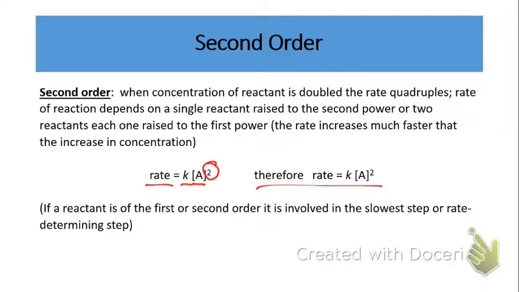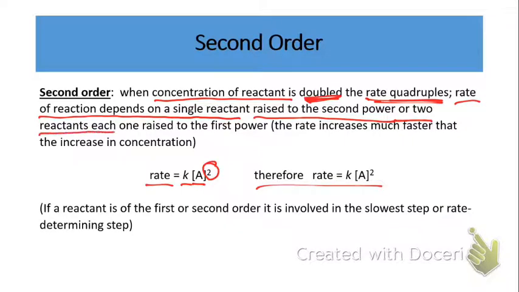How does the change in concentration in a second order reaction affect the rate of the reaction? Well, if the concentration of the reactant doubles, the rate should quadruple. The rate of the reaction depends on a single reactant raised to the second power, or two reactants, each one raised to the first power.